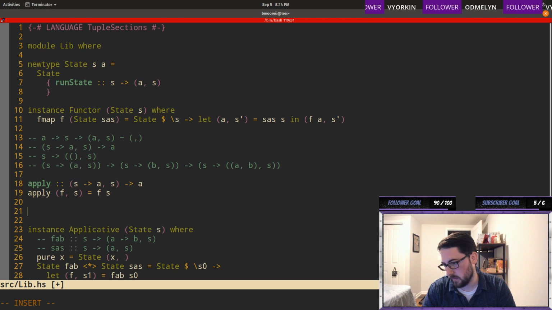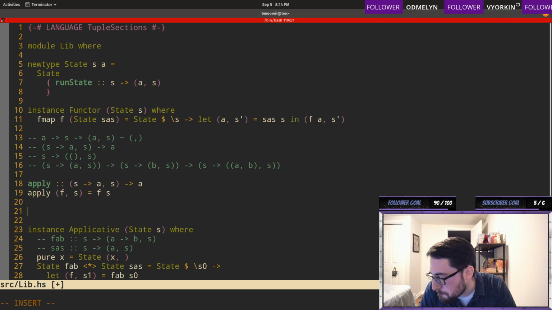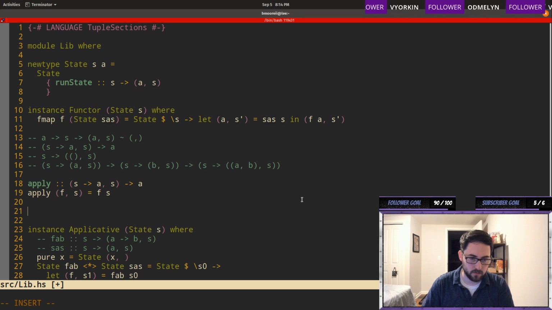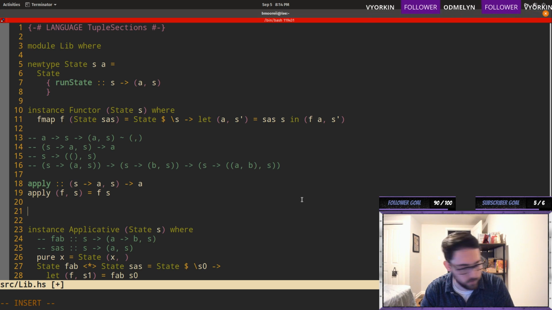Because the code I'm looking at here is kind of pseudo Haskell, so I'm just making sure I understand. Okay, I'll look at that in a second.